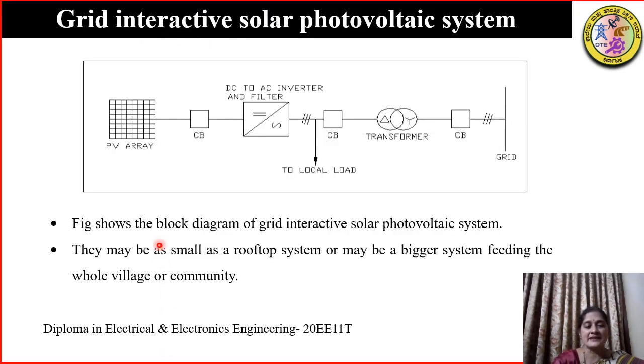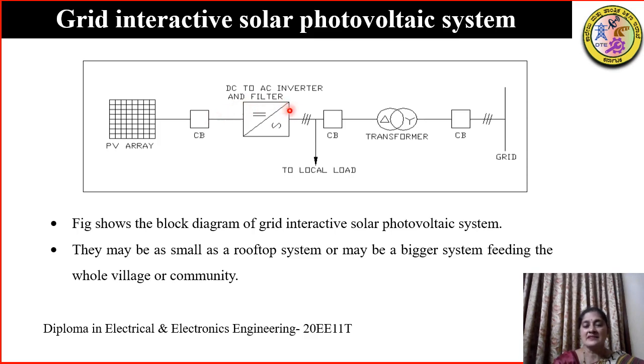Let us represent the grid interactive solar photovoltaic system by a block diagram. Here we have a PV array. Here we have a circuit breaker. CB means a circuit breaker. We'll explain it to you later. And then we have an inverter. The purpose of this inverter is to convert DC into AC.